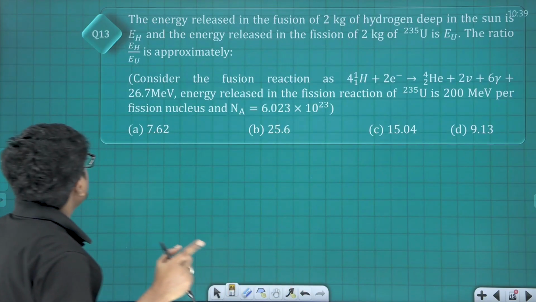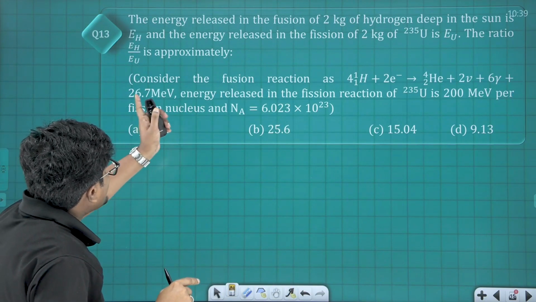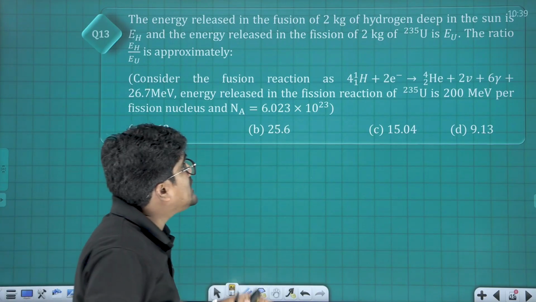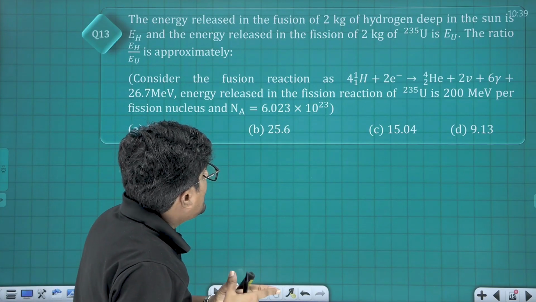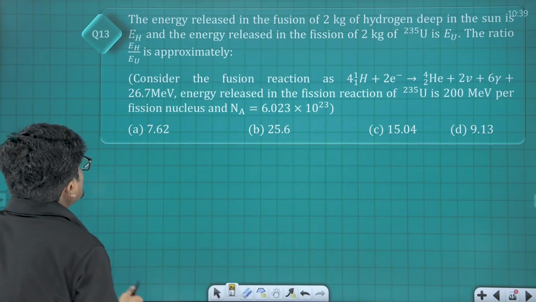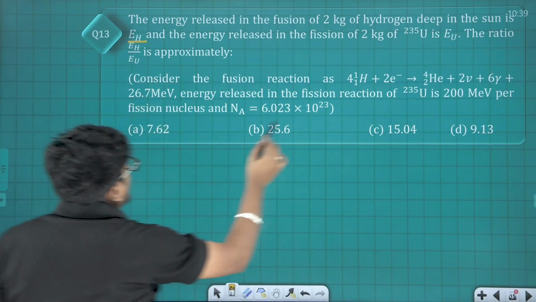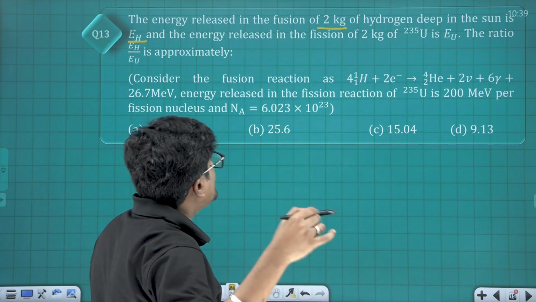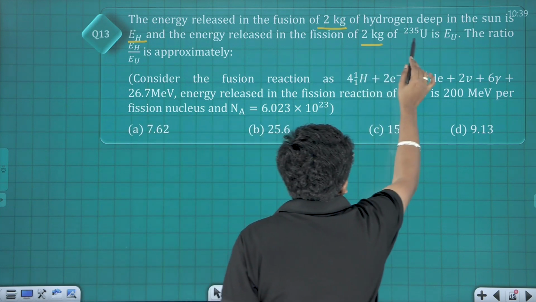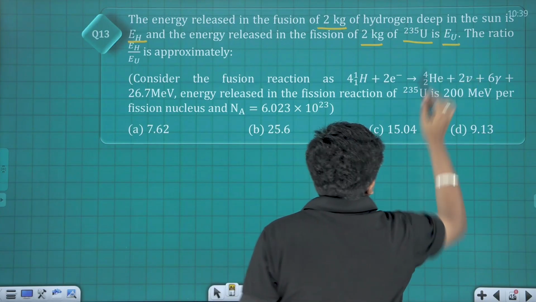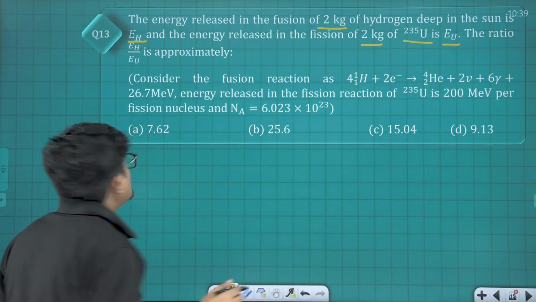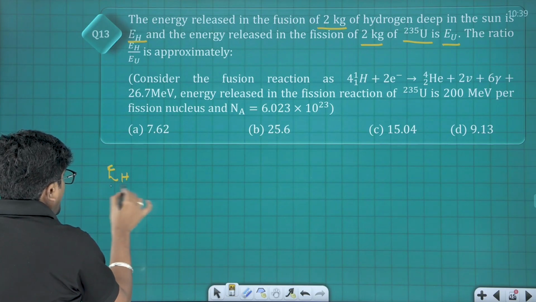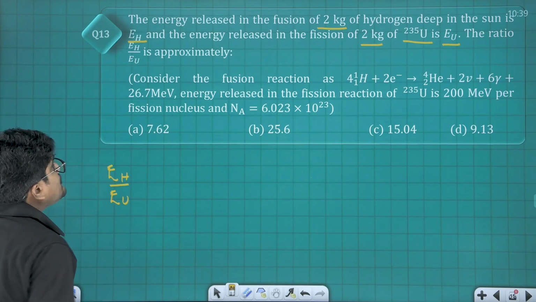Alright, here comes the next question. The question says, energy released in the fusion of 2 kg of hydrogen deep in the sun is E suffix H. And the energy released in fission of 2 kg of uranium-235 is E suffix U. The ratio of EH upon EU is, so we need basically the ratio of EH upon EU.